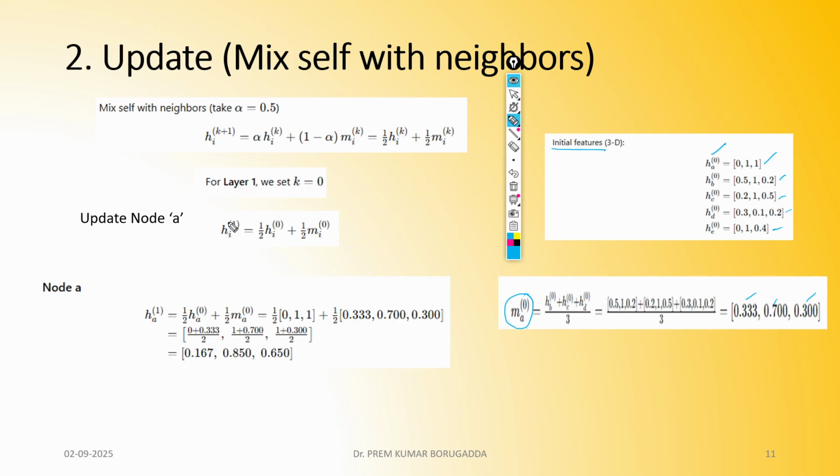So in this formula, i means node A for layer 1. So hi of j means we take this value 0, 1, 1 plus 1 by 2 of this value, 0.333, 0.7, 0.3. So you calculate, and these are the updated values. So now A is updated at layer 1 to 0.167, 0.850, 0.650.